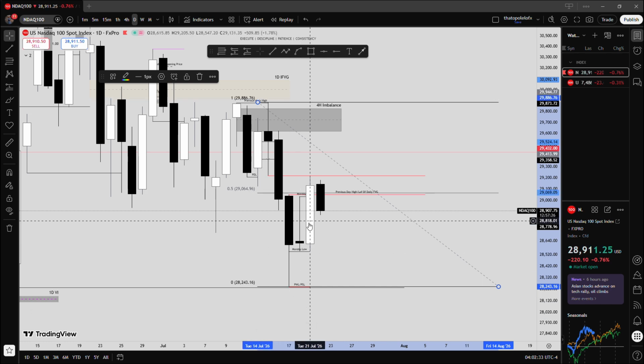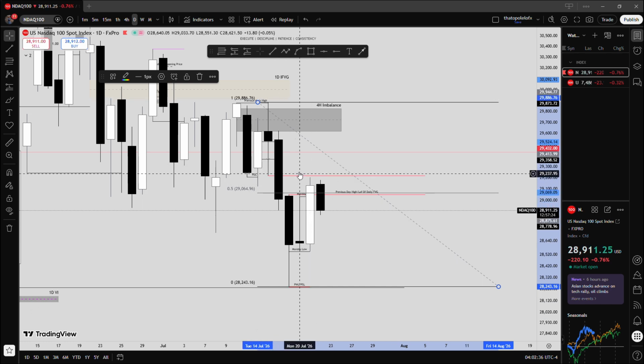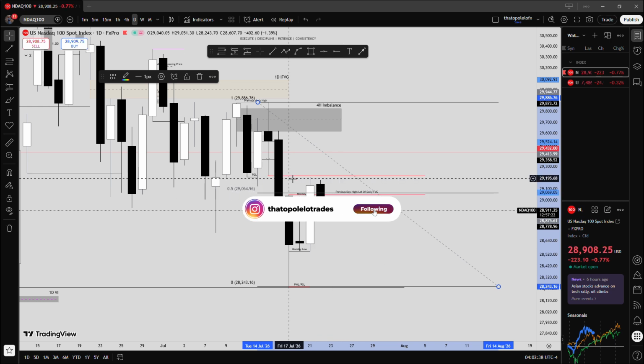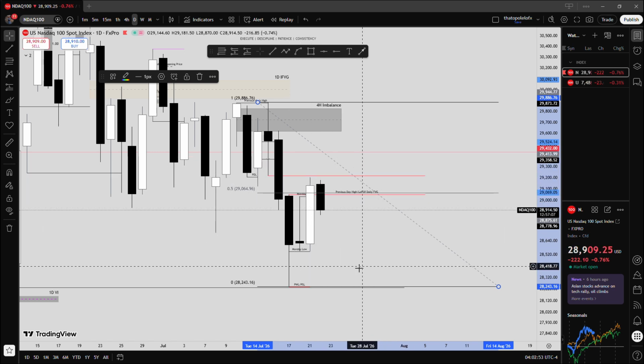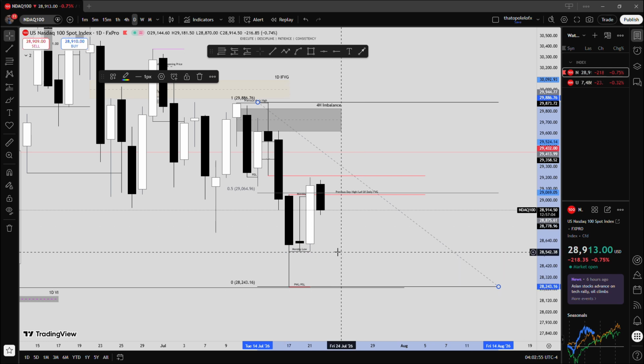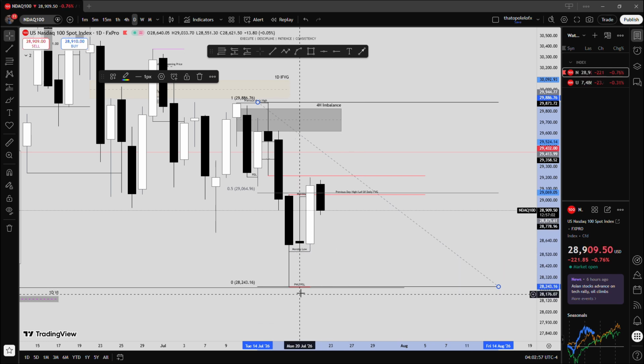So price printed up and got into premium. I was looking for a PD array that price could react to before it can break down. Price got into premium and into this daily fair value gap, and I'm expecting price to break down, take these lows, and probably take the previous week's lows. That's what I had in my mind.